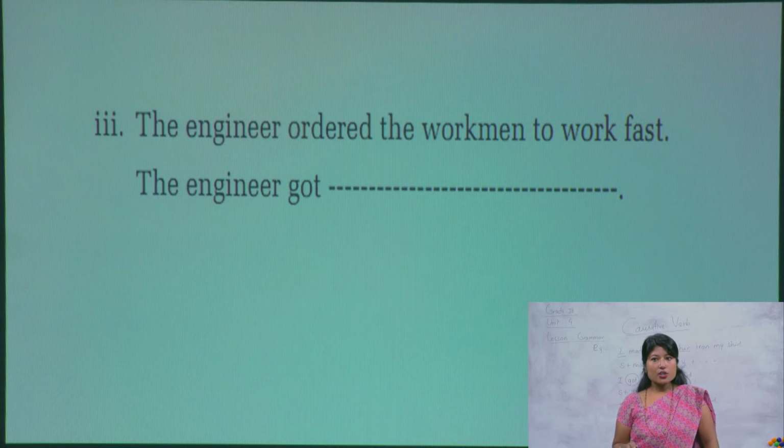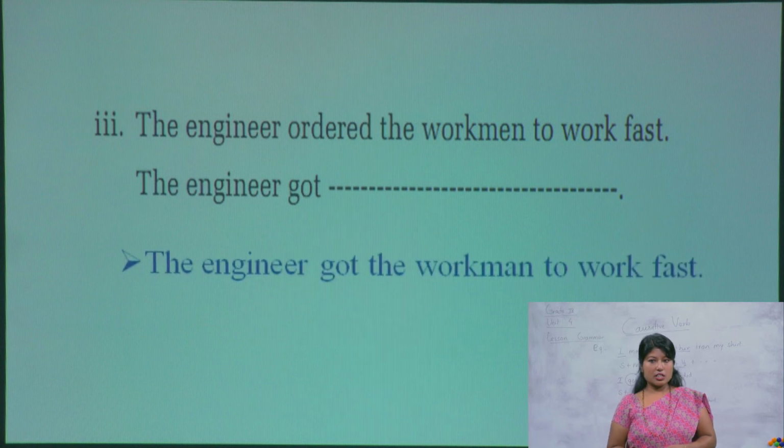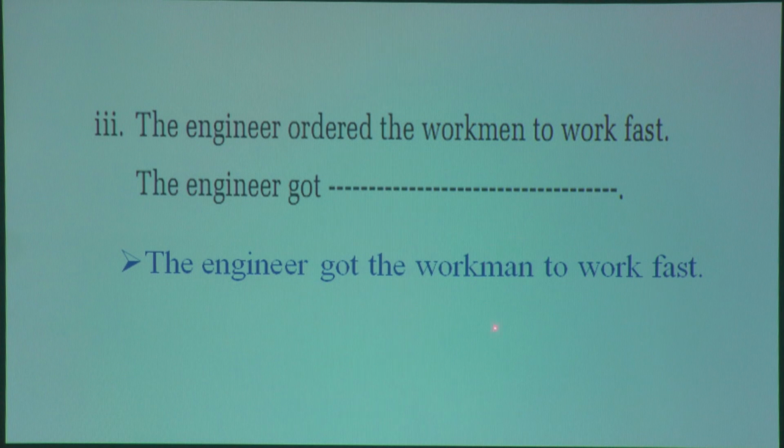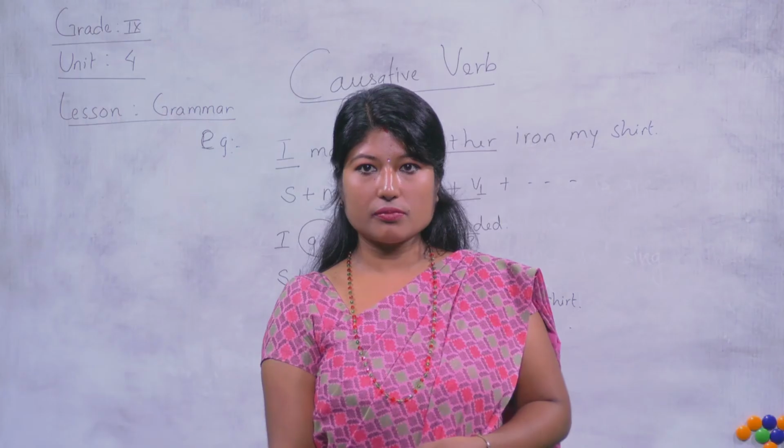The engineer got the workman to work fast. See, the engineer is the subject, got is the causative, the workman is the agent. So with got, we use to plus verb 1.